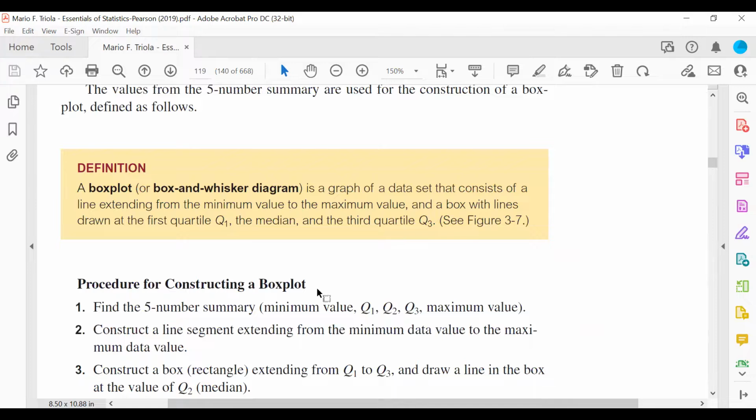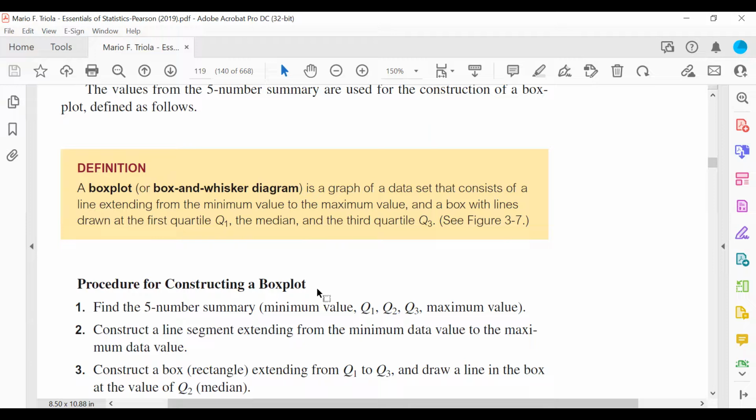It's a graph of a data set that consists of lines extending from the minimum and maximum value, and a box with lines drawn at the first quartile, the median, and the third quartile. You're like, huh? All right. So what is required? You need the minimum value, Q1 which is P25, Q2 which is P50, Q3 which is P75, and then your max value.